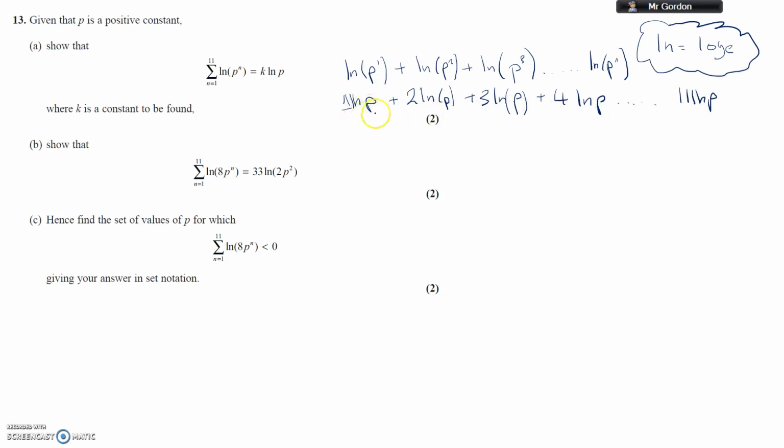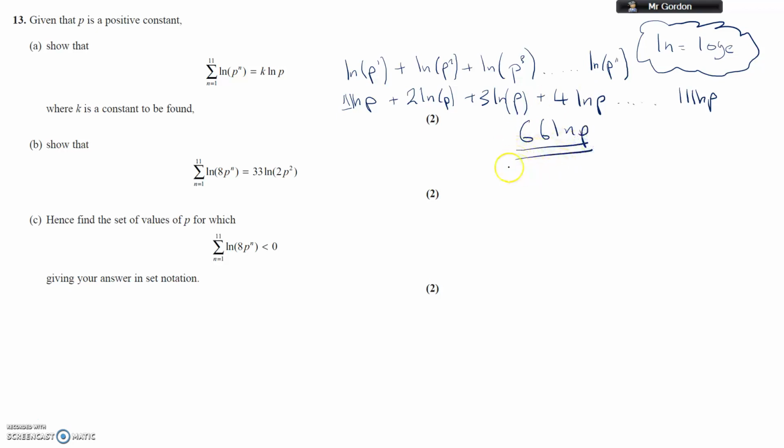So you've got 1 ln p, plus 2 ln p, plus 3 ln p, plus 4 ln p. But you've got to add up the numbers 1 to 11. Okay, and that will give you the total. And if you add up 1, 2, 3, 4, 5, 6, 7, 8, 9, 10, 11, collectively, you're going to get 66 ln p. And that is the final answer.